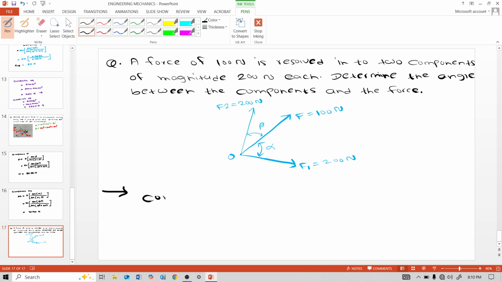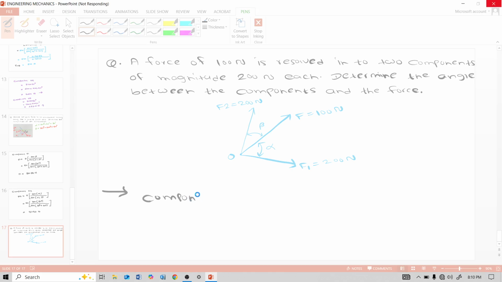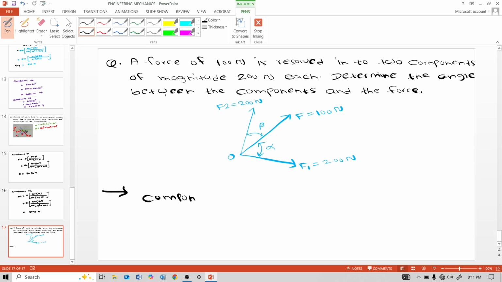So component F1. You all know the F1 component formula.